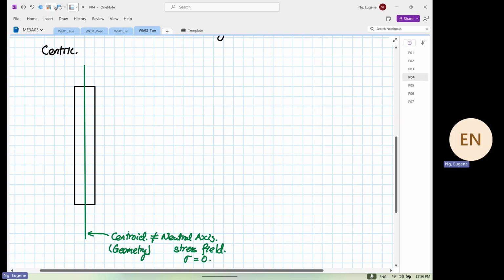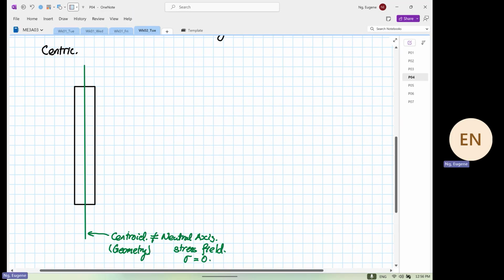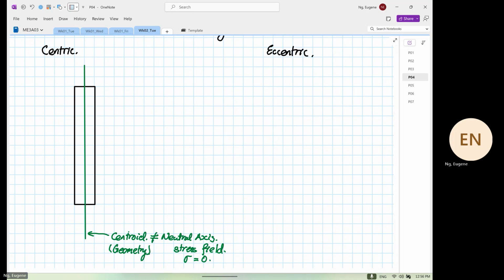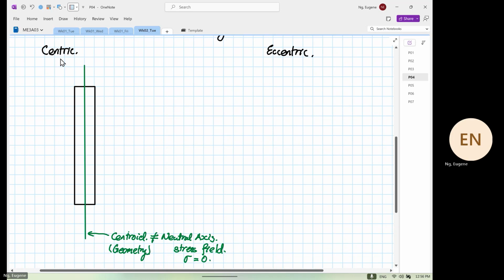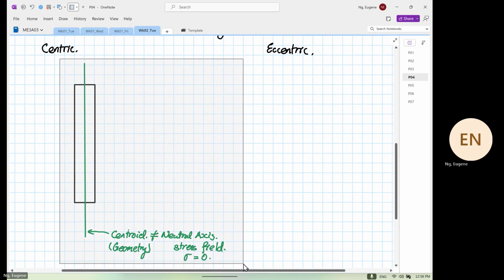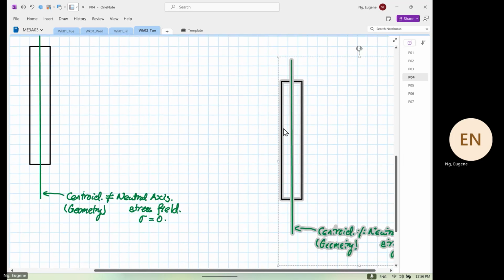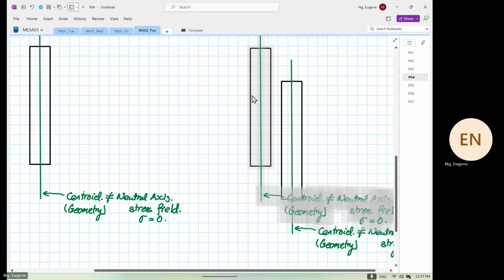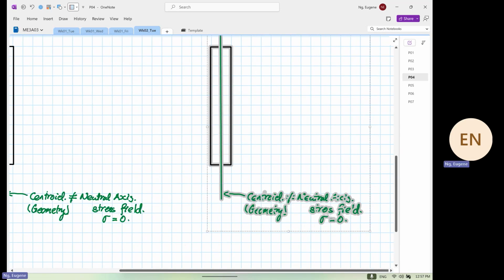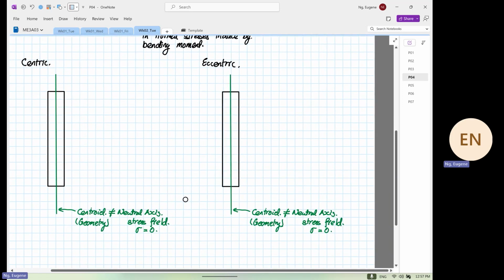And on the right-hand side, we have eccentric. So I'll take the same diagram. So very similar, like bending.